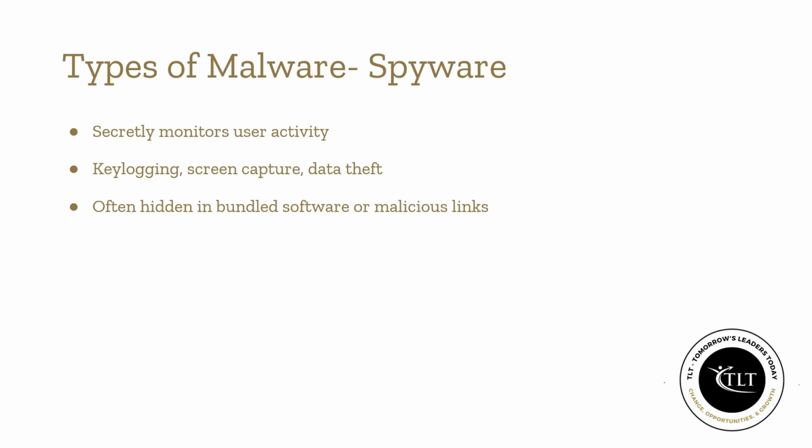A pro prevention tip is to run anti-spyware tools, avoid clicking on pop-up ads, and read software installation prompts carefully. Deselecting any unwanted extra offers can help you stay away from spyware.